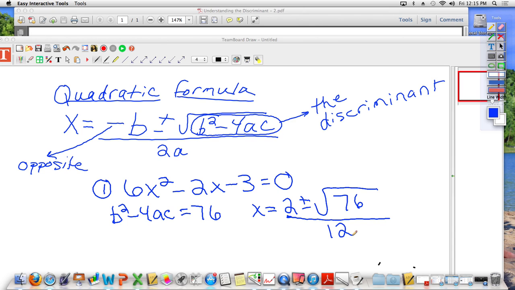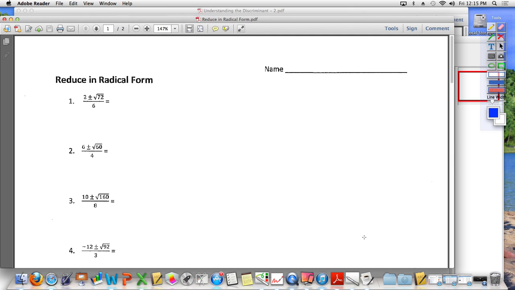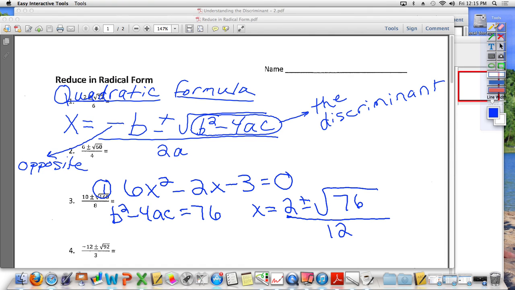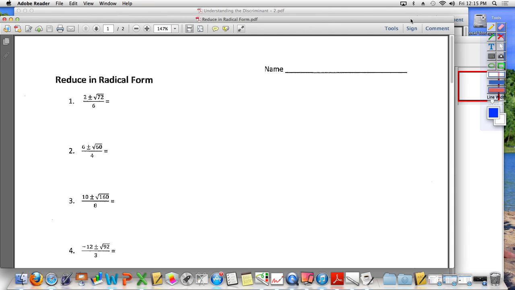Now, the other day, I gave you guys some problems to do. I'm going to show you which ones I'm talking about. It looked like this. You remember doing this the other day? When you did this, you had to come over here to the side and make a tree.